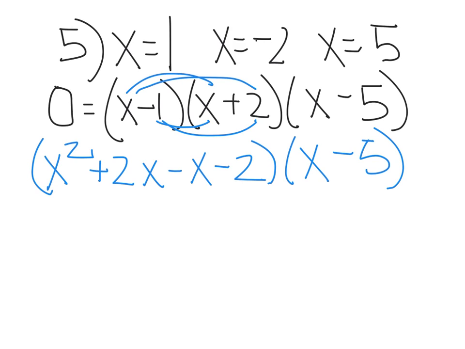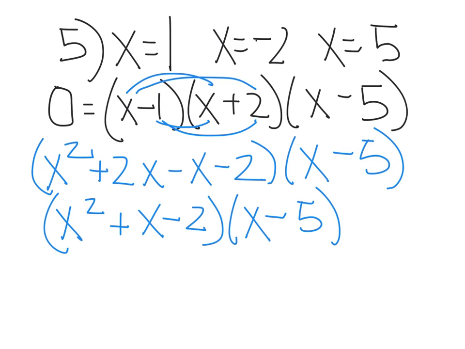Okay, so now I'm going to combine like terms in this first expression. So I get x squared plus x minus 2 times x minus 5. And then it's usually, I find, a little bit easier if I distribute the smaller expression into the bigger one.